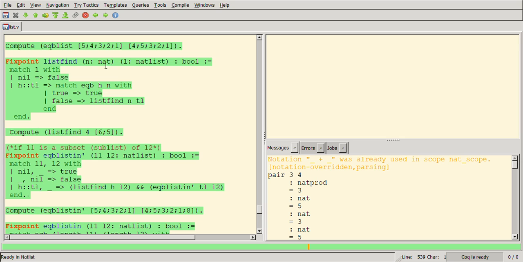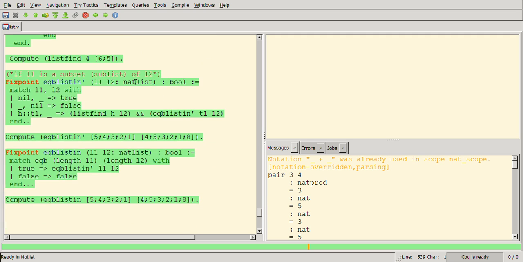A list find just searches for an element in the list. This is another Boolean equality function on two lists, and it checks if all the elements of the first list are included in the second list. It doesn't consider the length of the two lists.